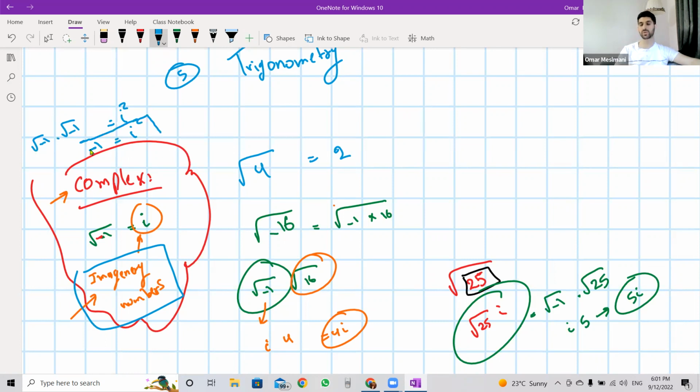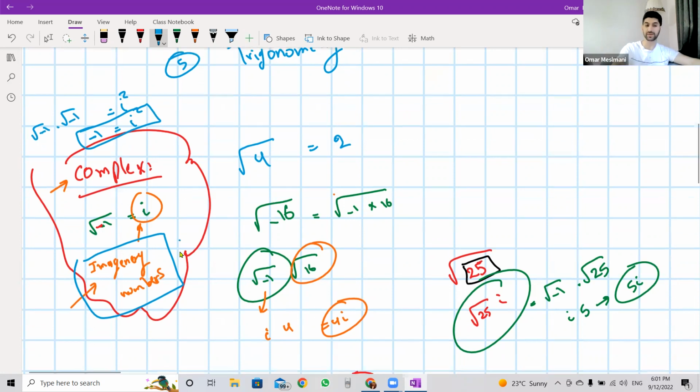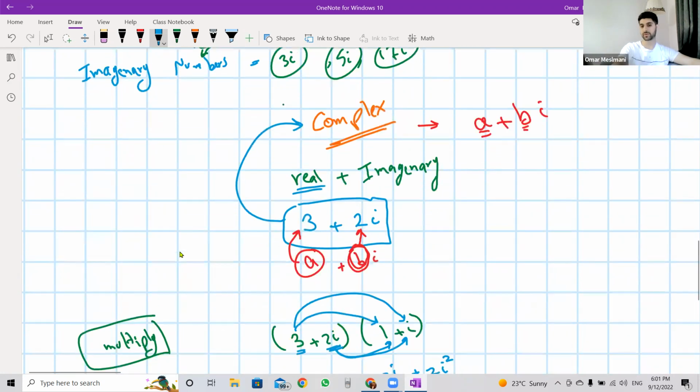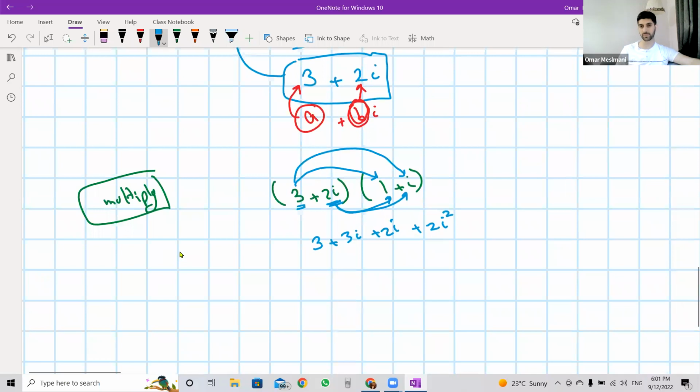So once you see any i squared, you put it as a -1. You don't keep it as an i squared.